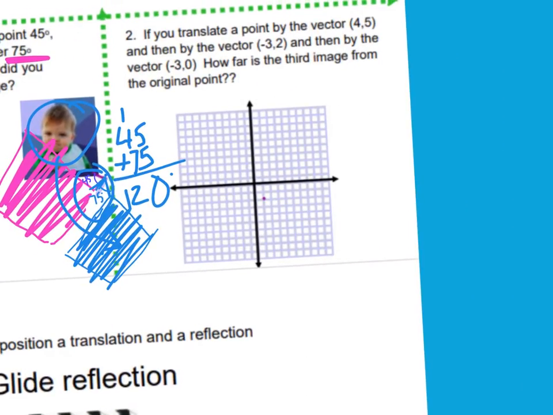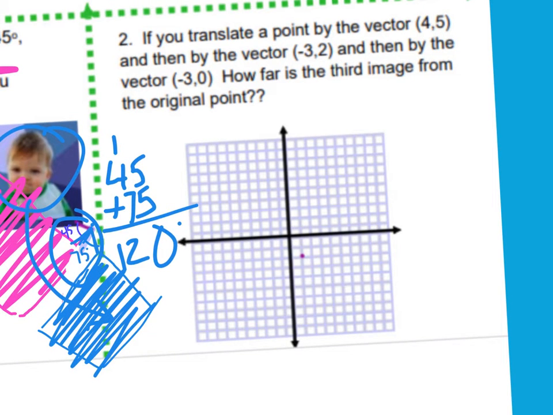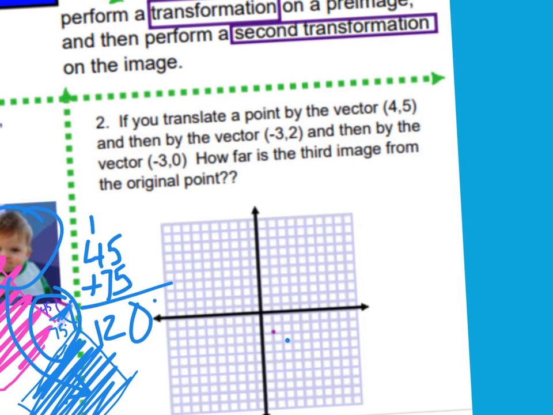Now, in our last lesson, we looked at a composition of translations. So if I translate this point right there by this vector 4, 5, I would go 4 to the right and up 5 to get my next point. So if this is A, this would be A prime.